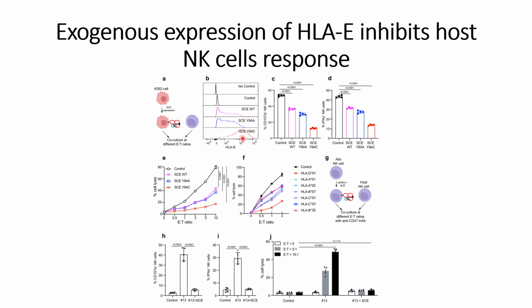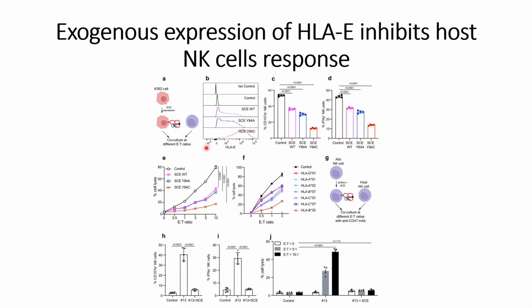They can see that the SCE Y84C mutant gives the highest expression when transduced with the same multiplicity of infection, the same MOI. So from these results, it seems like SCE Y84C is the most prominent choice.